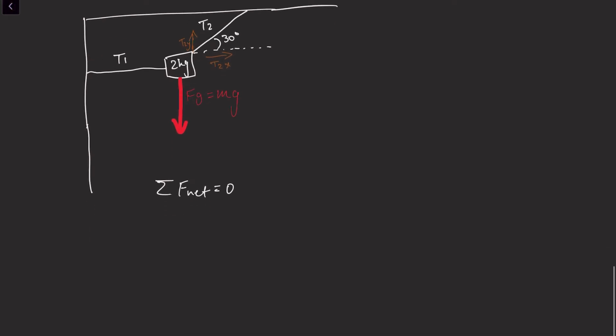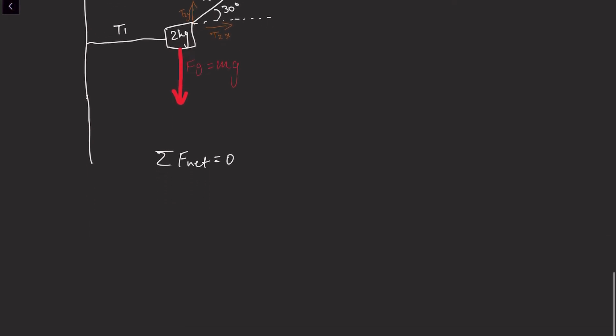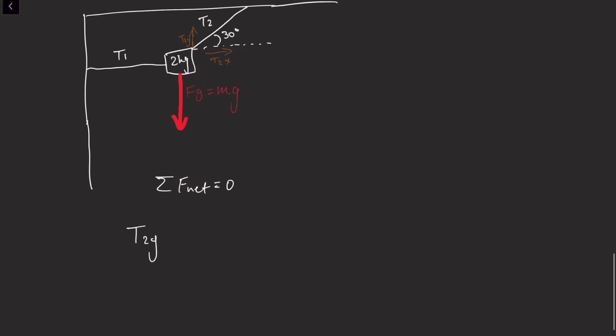Good. So now we can write the relationship down. We have T2y, which is that vertical component, equals the component that is opposing that, which is weight, so the force due to gravity.